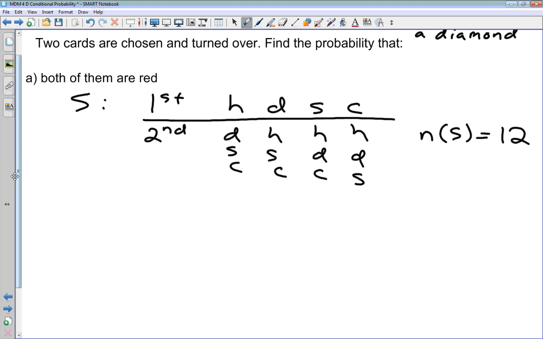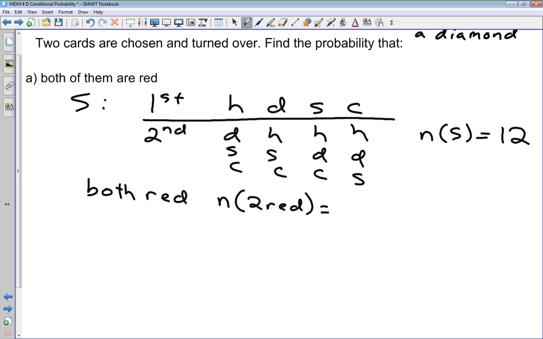And we could answer the question: what is the probability that both of them are red? We could figure out the number of ways that we get 2 red cards looking at all of these. Well, we can get heart and diamond, and diamond and heart.